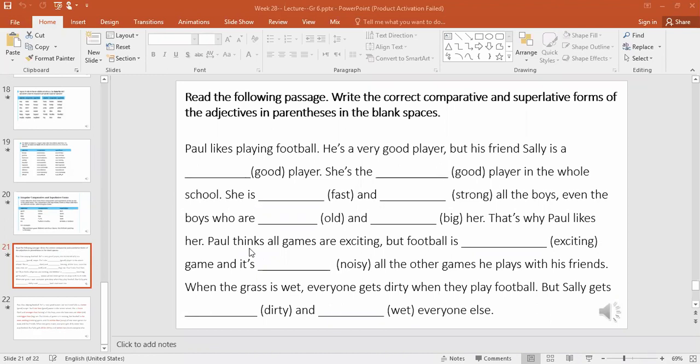All games are exciting, but football is the most exciting game. Try somebody else, please. Miss, it's the noisiest. Sorry, I was muted.